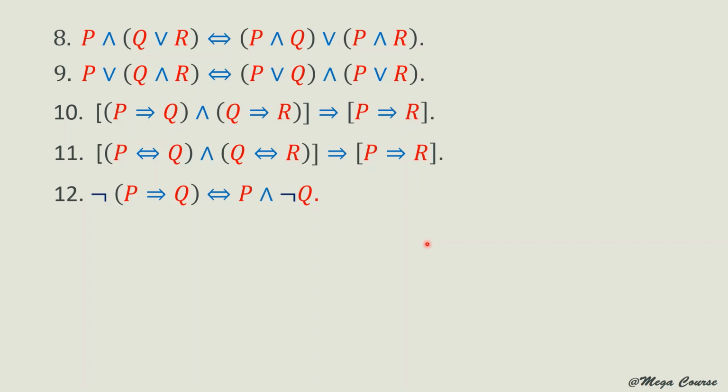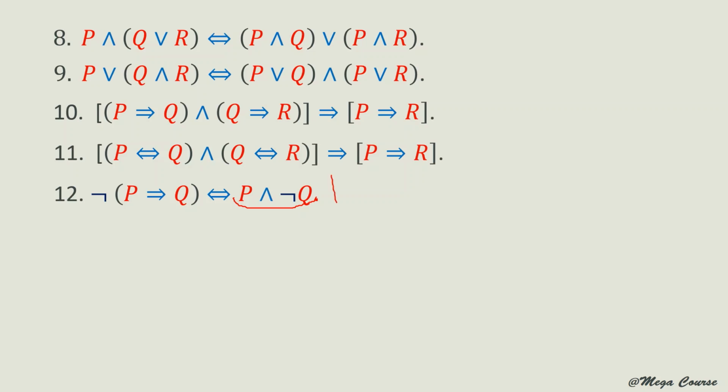The next one is a good one. I will write it down to keep it simple. We have not (P implies Q) is equivalent to P and not Q. Let's take it simple.